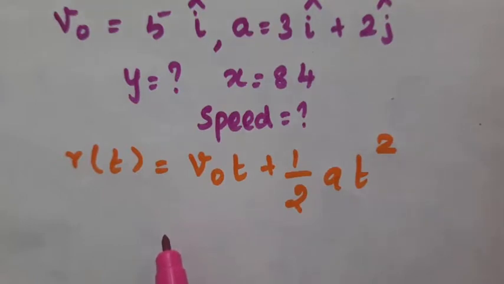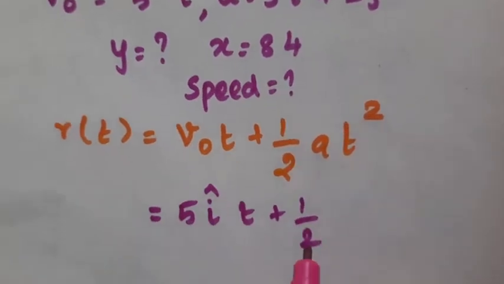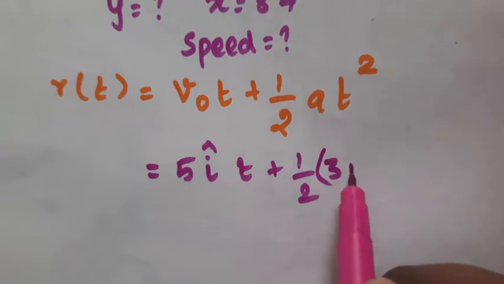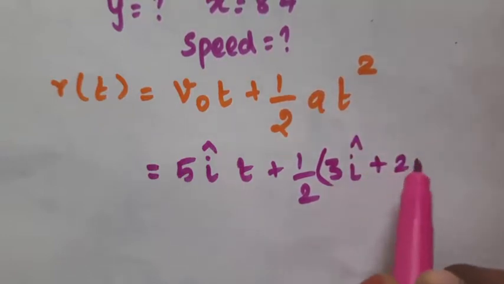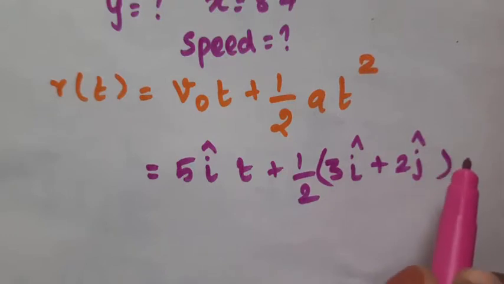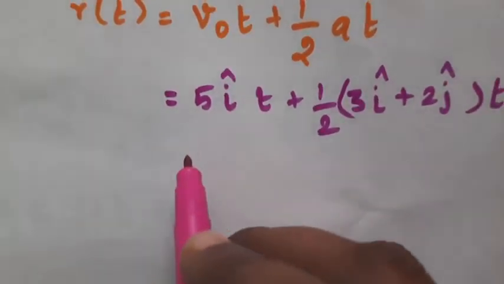What do you get now? 5 i cap t plus 1 by 2, and instead of a, you write 3 i cap plus 2 j cap, into t square.